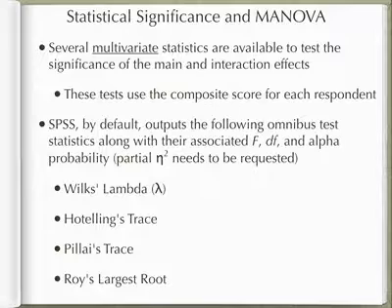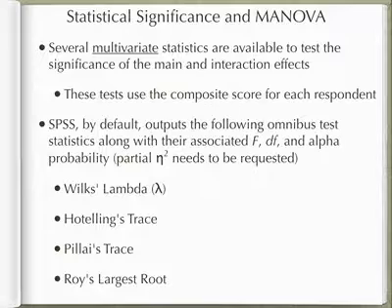The next slide tells you a little bit, because this is by far the most popular test, Wilks' Lambda. The other three, I've never seen anybody report. Hotelling's trace, Pillai's trace gets used some, and Roy's largest root, I've never seen anybody report that either, and I'm not quite certain of the origin of that name, but I'm sure it has some significance.